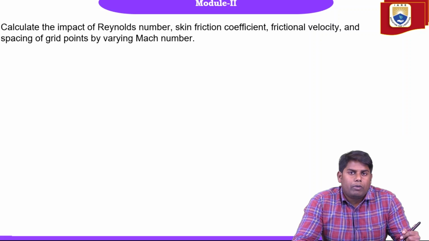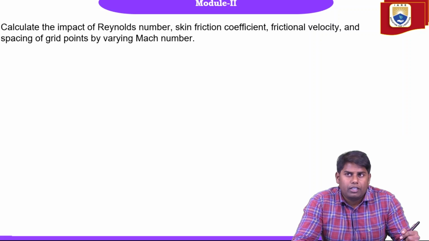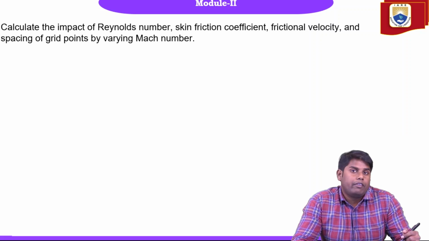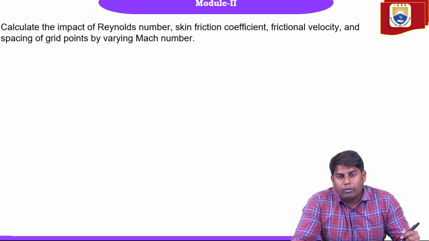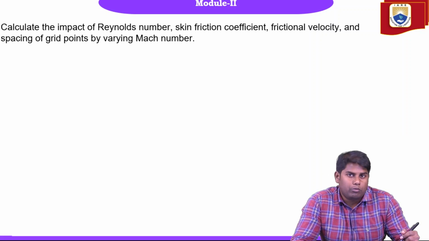By varying these, how do they impact the skin friction coefficient and frictional velocity, and how do we vary the spacing of the grid points? This is very important, and this aspect has to be calculated and predefined before computing any CFD simulation.